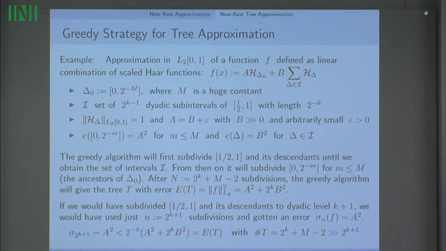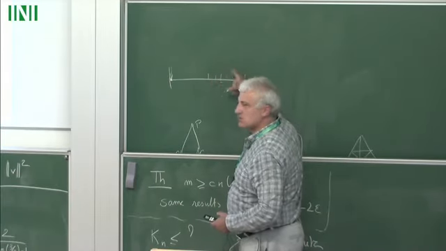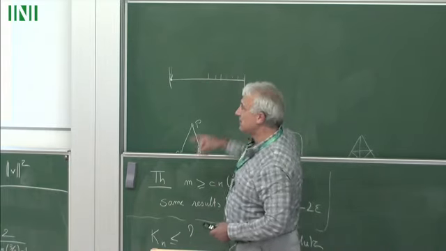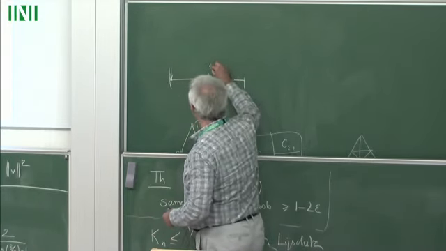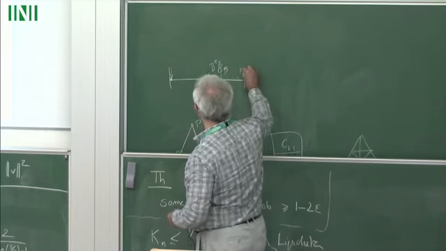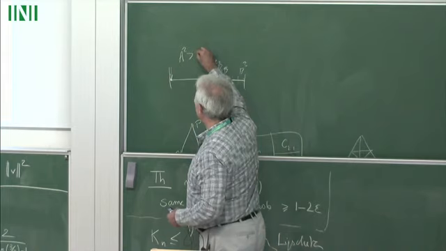And here's the example. We have an interval, and in this interval we have some singularity, which gives some big error. And then we have some small roughness, in which we have to subdivide to some level. And then here the error would be b square all the way here. And here would be a square, which is bigger than b square.